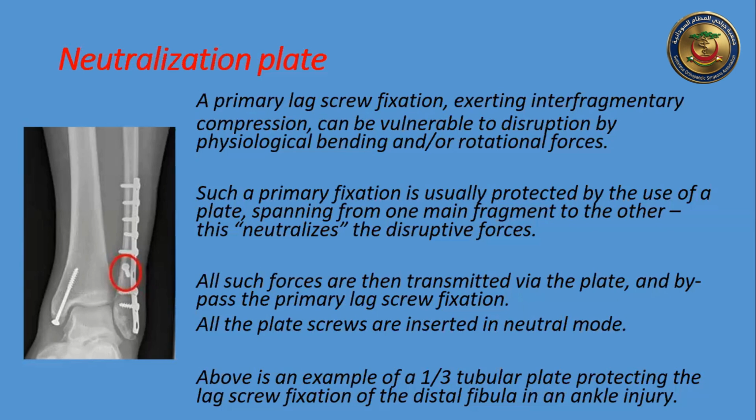So to protect this lag screw from disruptive force, we need to put a blade. The force transmitted from the screw and plate spans the area of the lag screw and is transmitted to the distal part of the screw and plate. So this leads to protection of our compression with the lag screw.